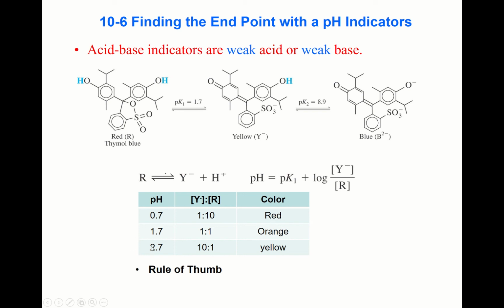And if pH is close to 2.7, the color is orange-like yellow or yellow-like orange. So the rule of thumb is that if the concentration ratio is more than 10 times, then the color is dominated by the more abundant species.